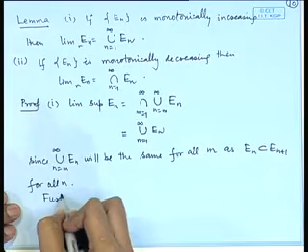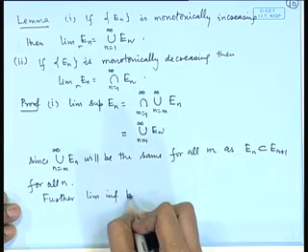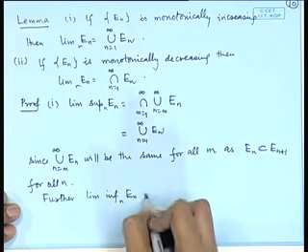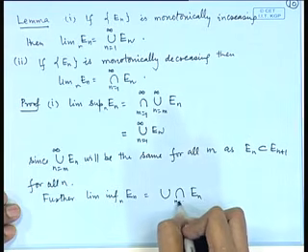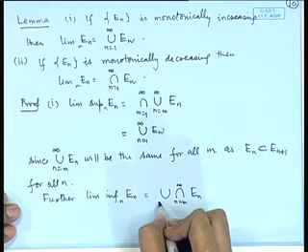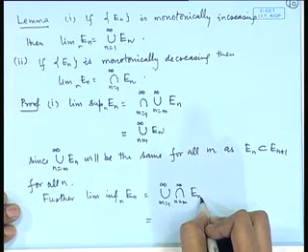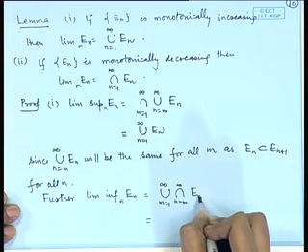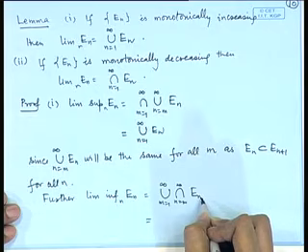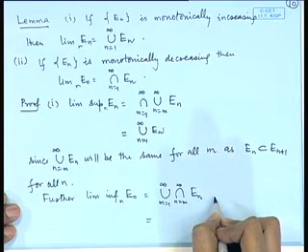Further, if we look at the limit inferior of the sequence, then this is union of intersection E n, n is equal to m to infinity. Now, in the intersection, this is starting from E m, intersection E m plus 1, intersection E m plus 2, etc. Since the sequence is monotonically increasing, the first set in this sequence is the smallest set, and it is contained in all the sets which are coming after this.